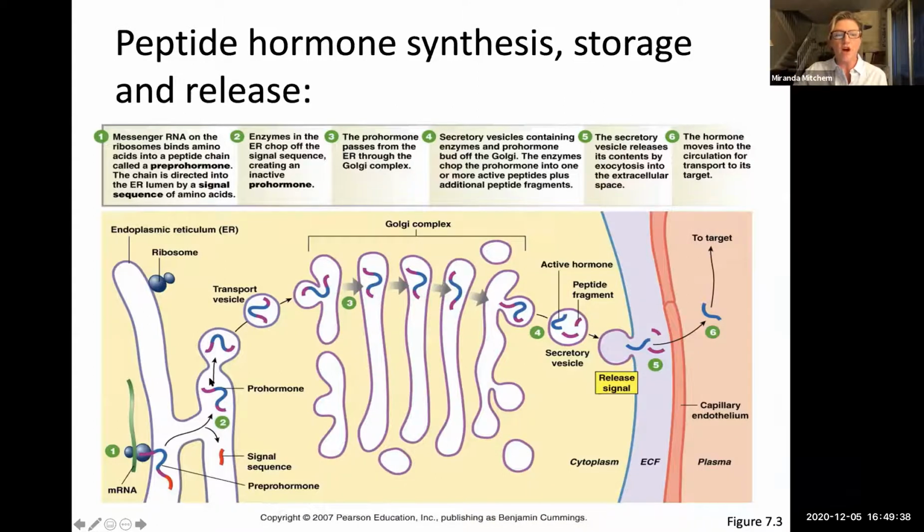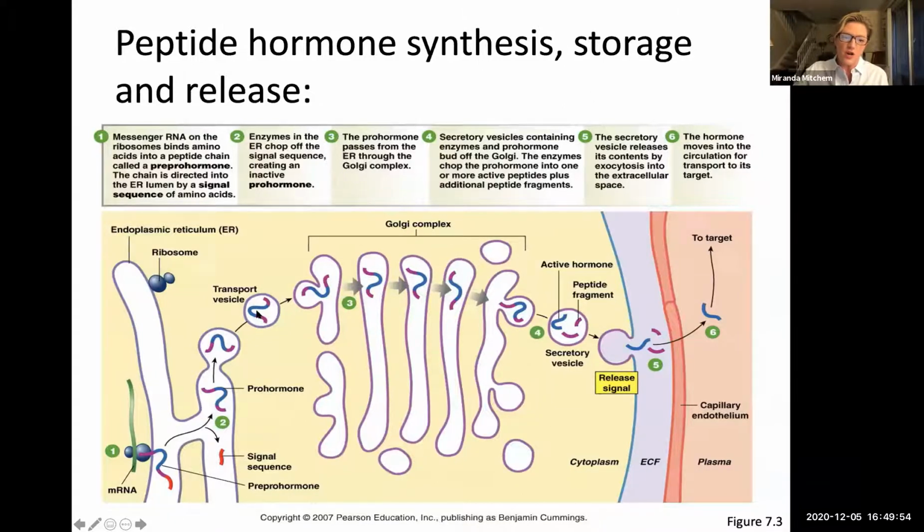prohormone buds off of the rough endoplasmic reticulum in a transport vesicle. So you can see the color of the membrane around the transport vesicle matches the color of the endoplasmic reticulum because that's where it came from.